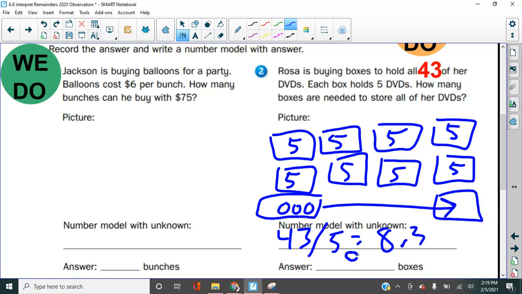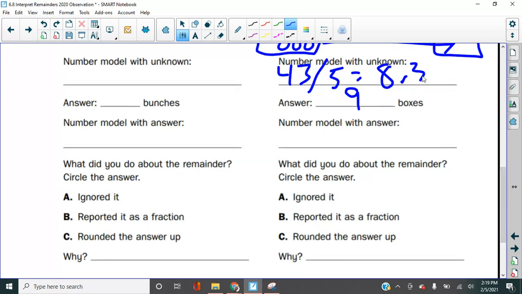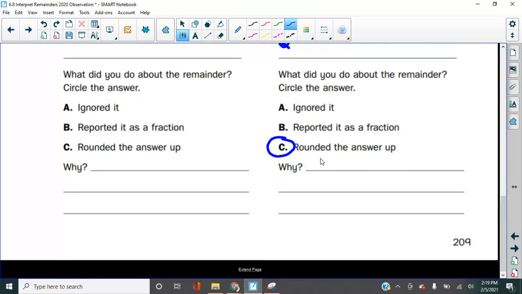So we have to round up here. See how our answer became 9? Because she needed an extra box. Oh, I was supposed to put an unknown here. Whoops. We should have put a B there and then written this down here. And what did we do? We rounded the answer up. Why did we round it up?